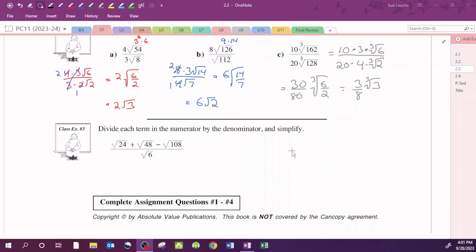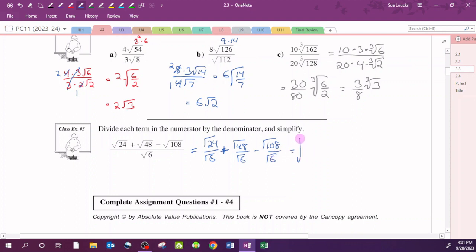Okay, this example says to divide each term in the numerator by the denominator and then simplify. So this becomes root 24 over root 6, plus root 48 over root 6, minus root 108 over root 6, and then that is the square root of 24 over 6, plus the square root of 48 over 6, minus the square root of 108 over 6.